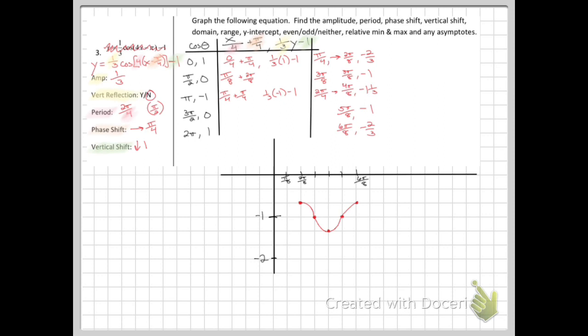See how many answer blanks you can remember and how many answer blanks you can fill in. Okay, there are some of the answer blanks.